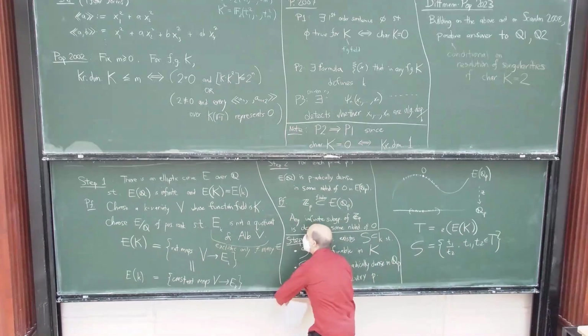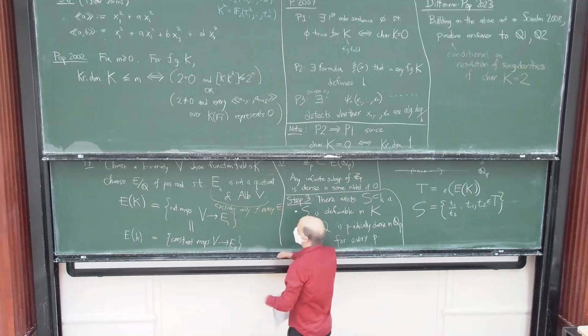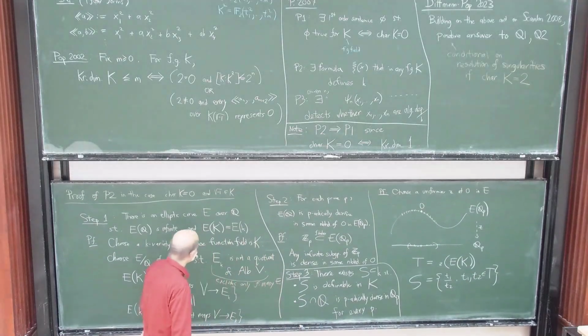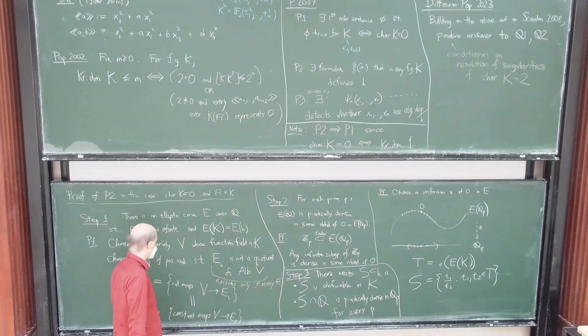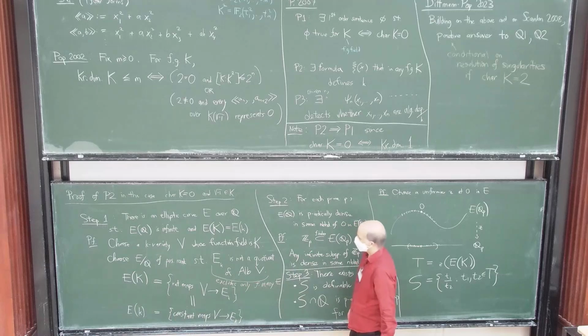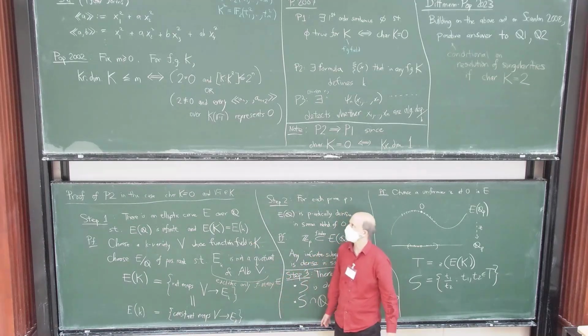Can I ask a question about that? Why is it that all the rational maps are also constant? Well, okay. So I guess there's a theorem that classifies all rational maps.